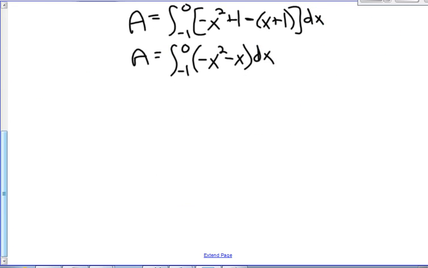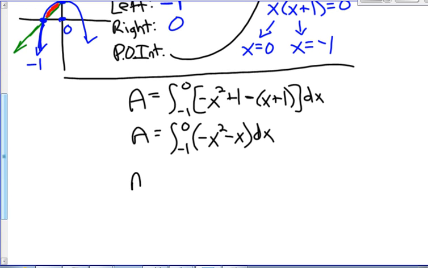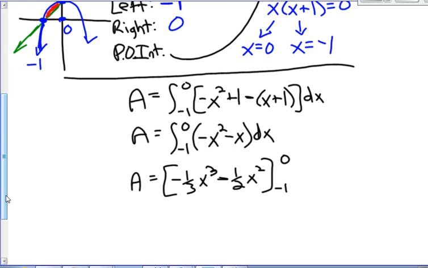And the rest of it is just sort of algebraic drudgery after we integrate. So integrate -1/3 x to the power of 3 minus 1/2 x squared from -1 to 0. Plug them in.